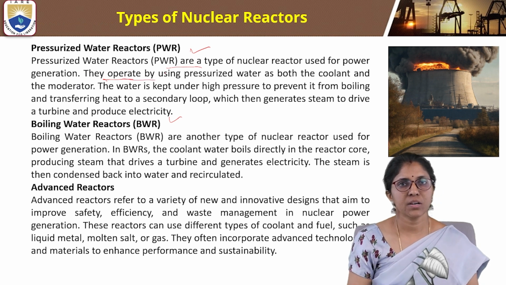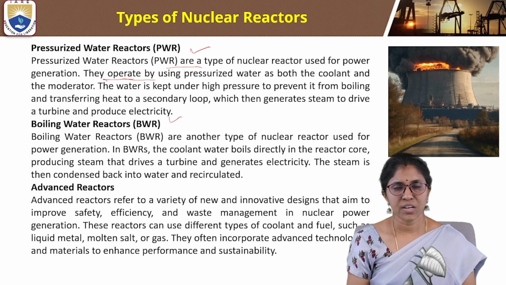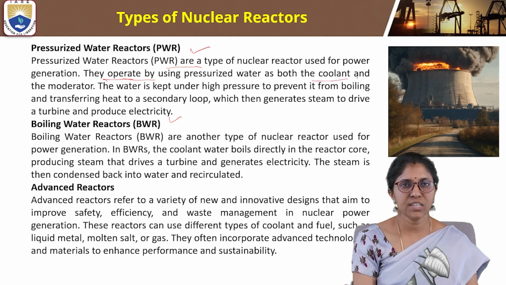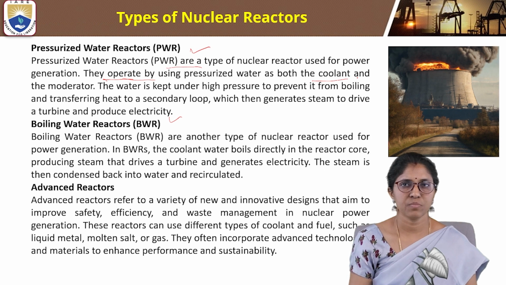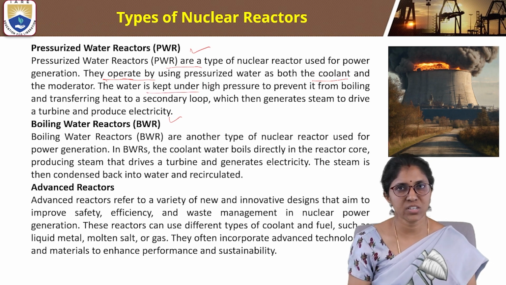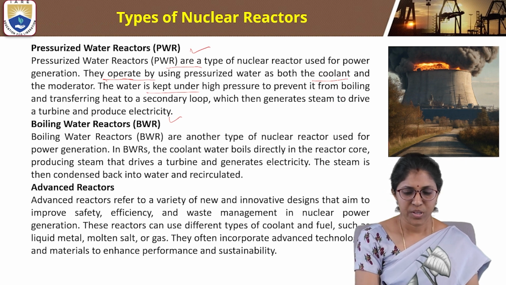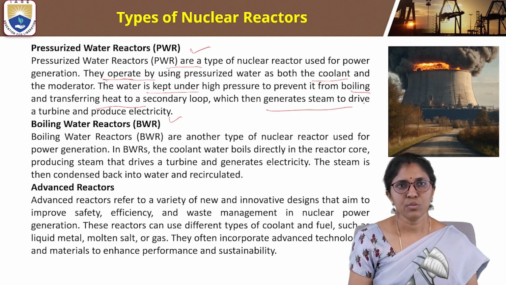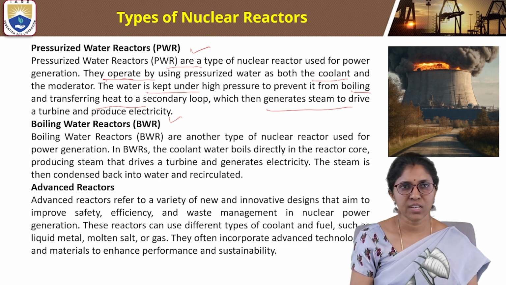They operate by using pressurized water as both the coolant and the moderator. The water is kept under high pressure to prevent it from boiling, transferring heat to a secondary loop, which then generates steam to drive a turbine to produce electricity.